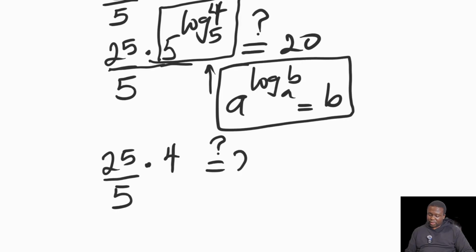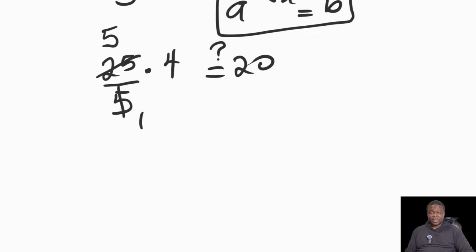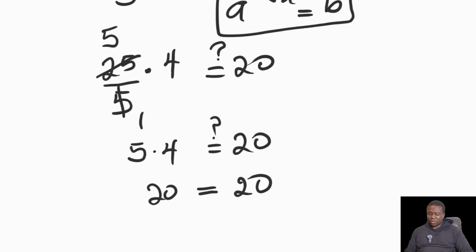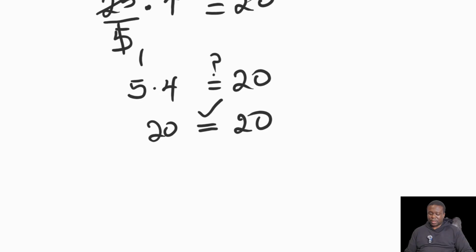If that's equal to 20, 25 divided by 5 is 5. So what we have left is 5 times 4, if that's equal to 20. 5 times 4 is 20, and 20 is equal to 20. Therefore, our left-hand side is equal to our right-hand side.